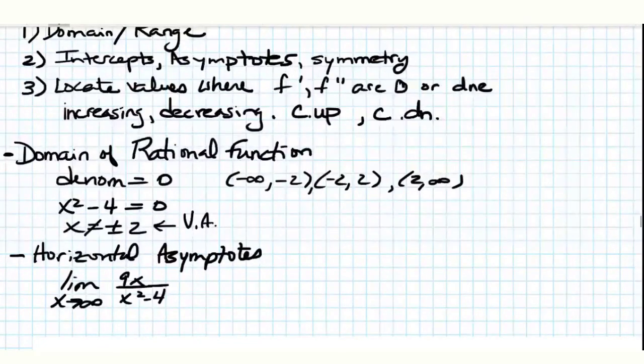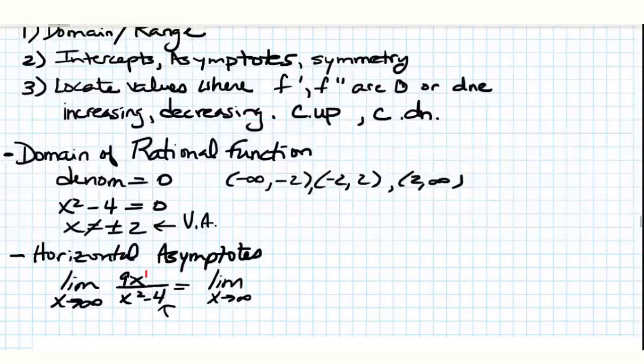In this case, there's an algebraic approach, and then there's kind of a shortcut. The shortcut says that when the power of the x in the numerator is smaller than the one in the denominator, then it's going to go to 0. You can think of it as the highest power dominates. In other words, as x gets extremely large, the millions, this negative 4 here is not going to have much of an effect on the value of the expression at all.